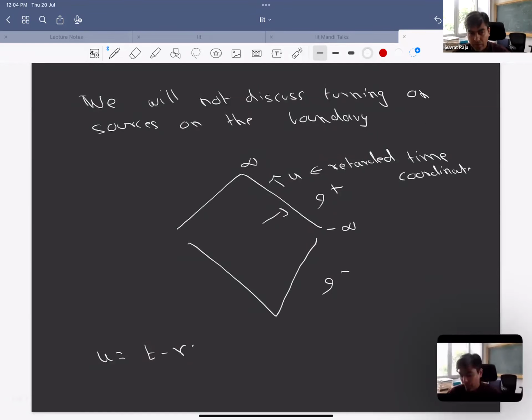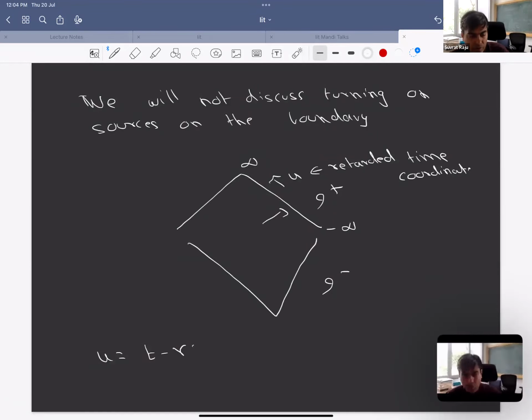Now, the asymptotic structure of flat space is in fact more intricate than the asymptotic structure of AdS. And that's because null infinity doesn't really provide a home for all boundary limits of bulk operators.